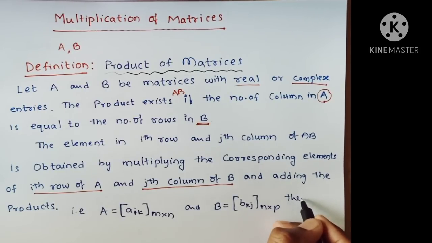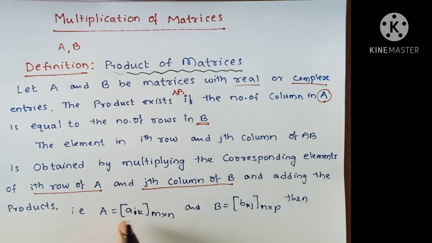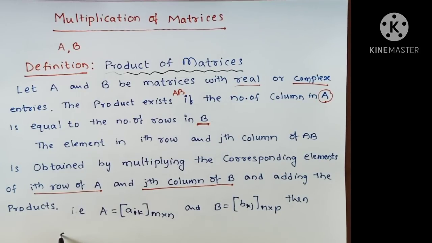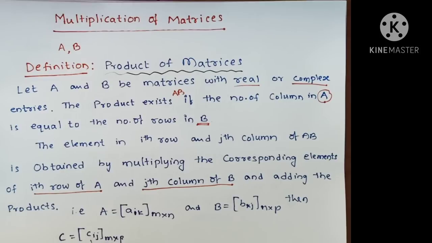Then the product of these two matrices, that is AB, is denoted by C, and it contains the elements Cij, of order m by p.